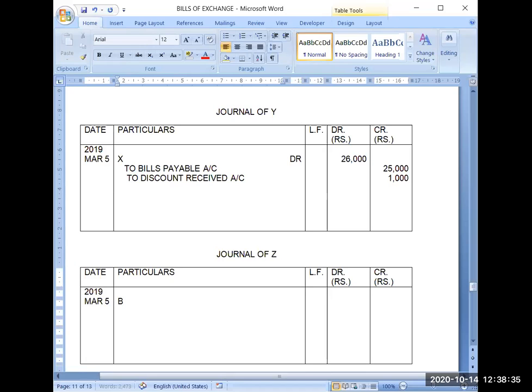And the transaction will be bills receivable account debit 25,000. And who has given this bills receivable? This bill has been given by X to Z, 25,000.